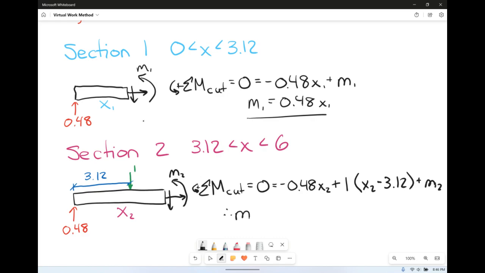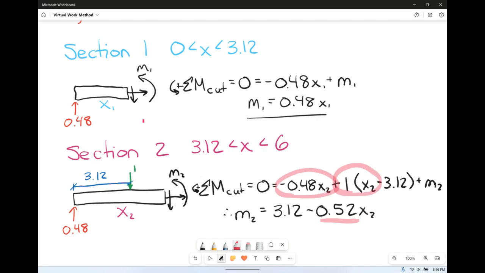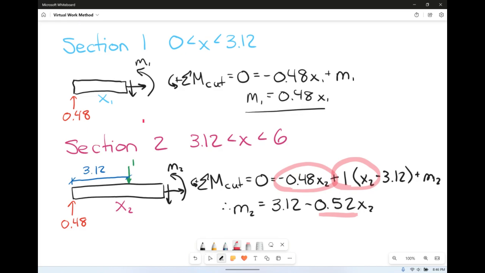So m2, believe it or not, is going to simplify down to 3.12 minus 0.52 x2. If you're wondering where the 0.52 x2 came from, you have 1 x2 and minus 0.48 x2. That's where that came from.